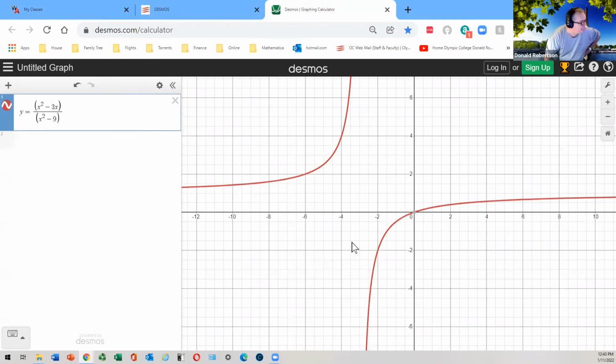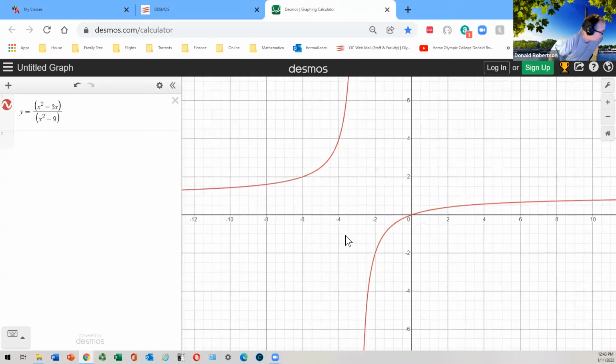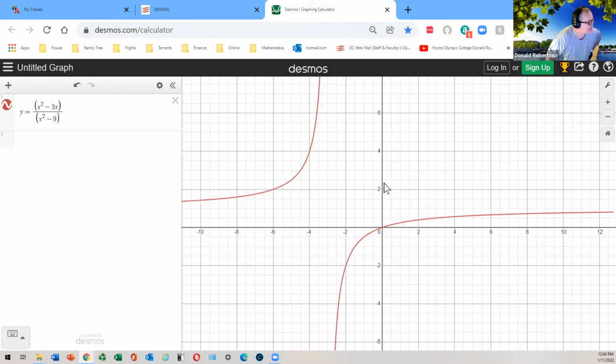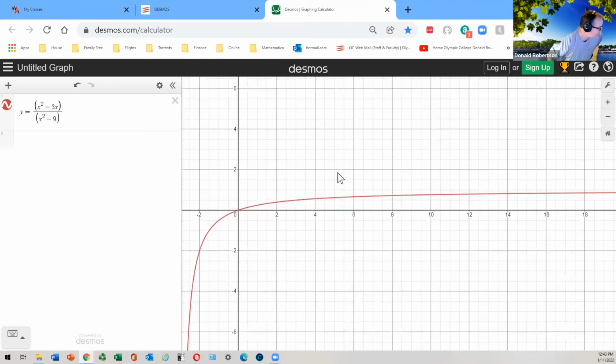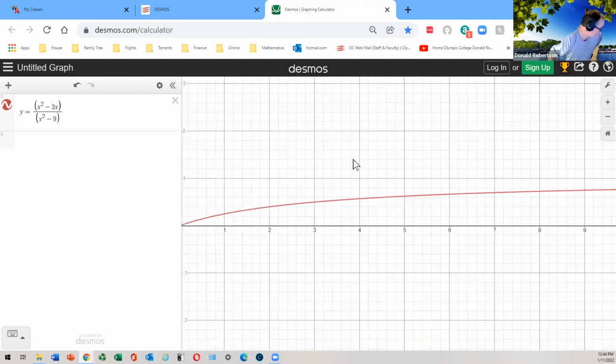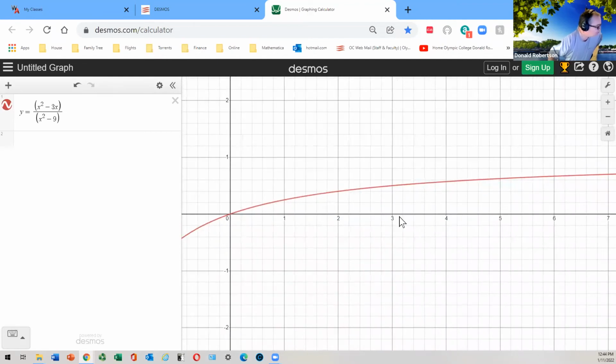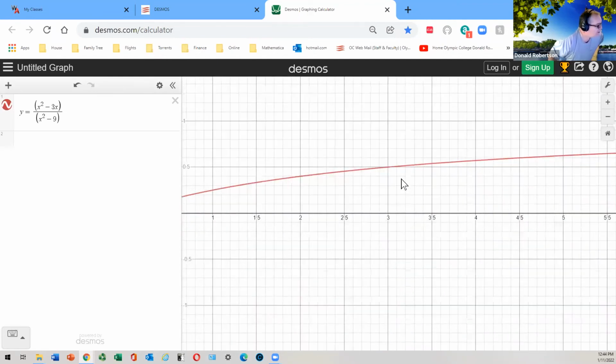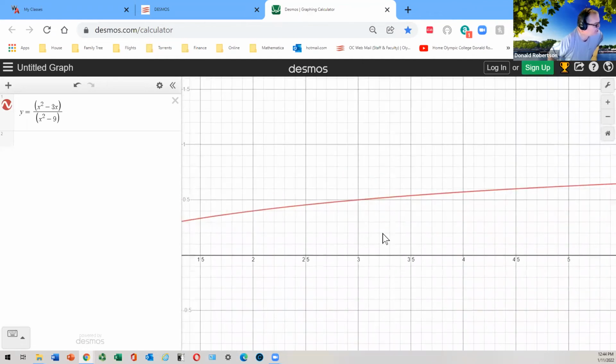Okay. Now, what's that doing at -4? Oh, it's not, it's at -3, okay. I'm interested in x equaling 3. Oh, interesting. I didn't think Desmos would do that.